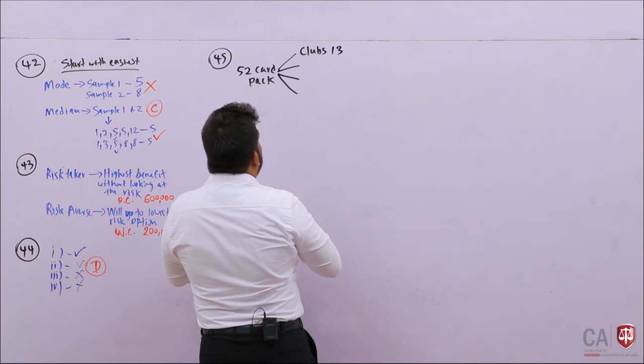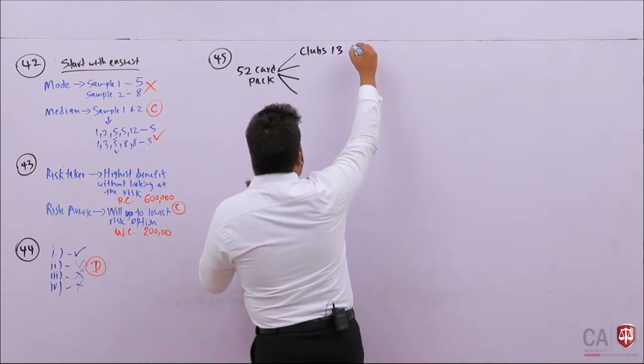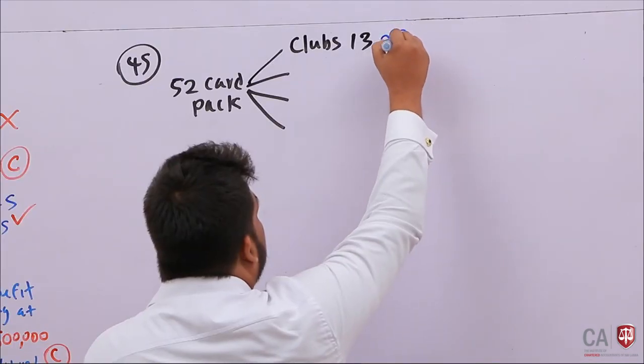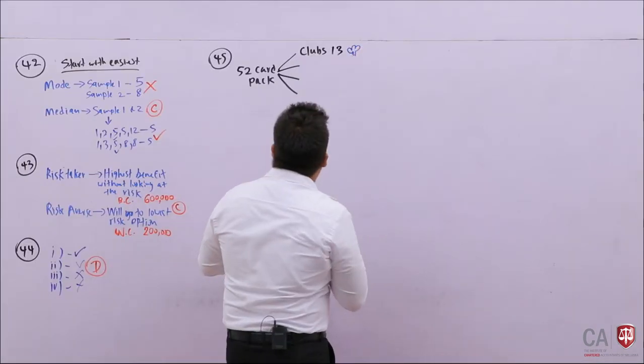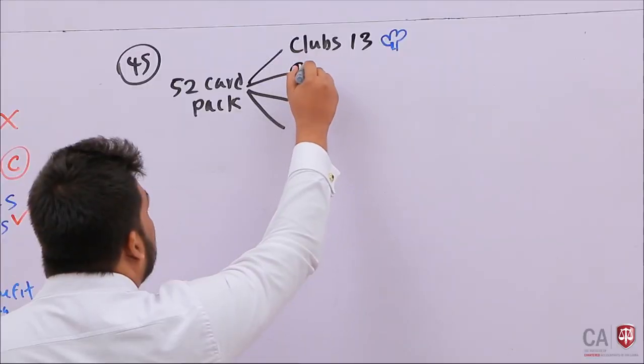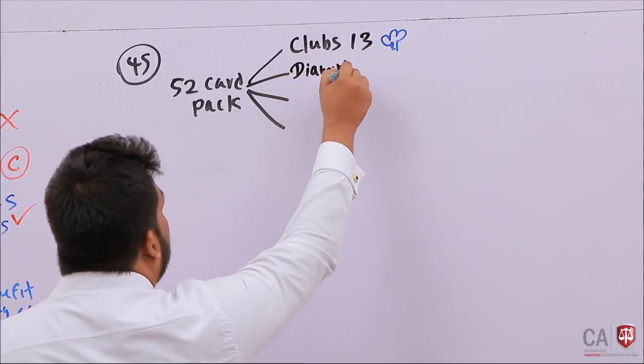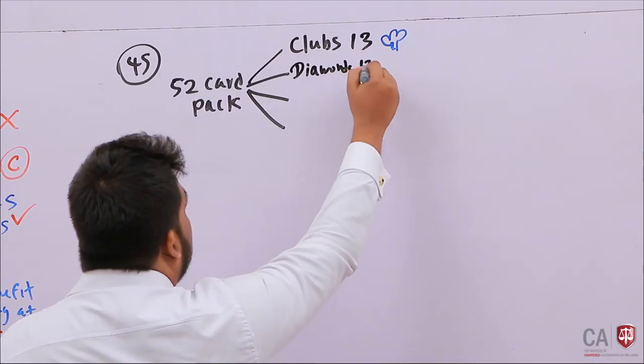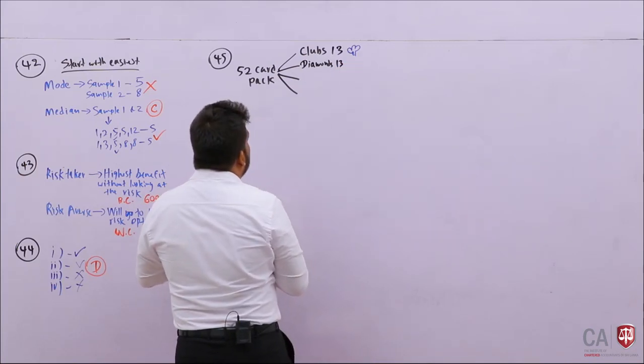We say kalabara in Sinhala. Right? Clubs, kalabara. Then you will have diamonds. 13 diamonds. Right?